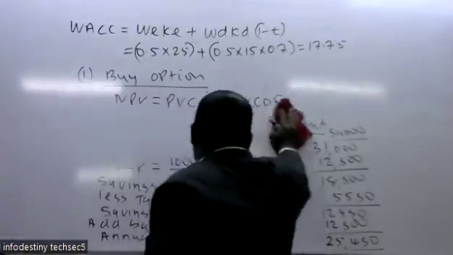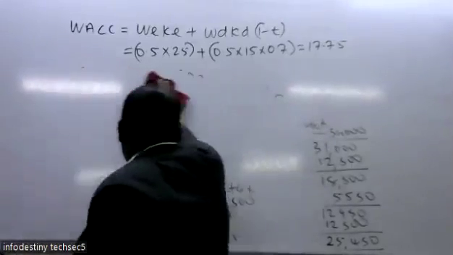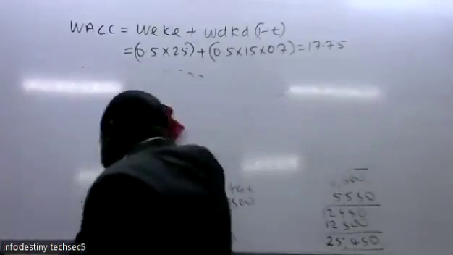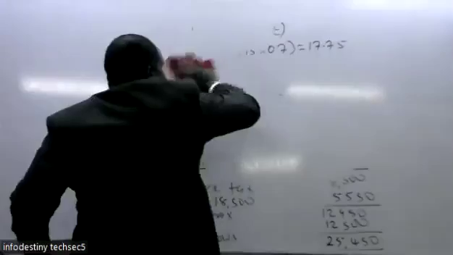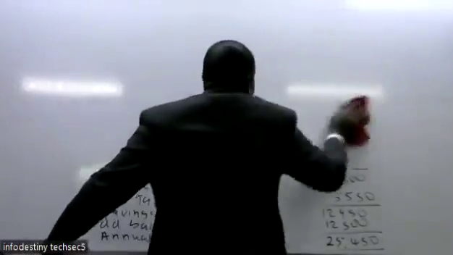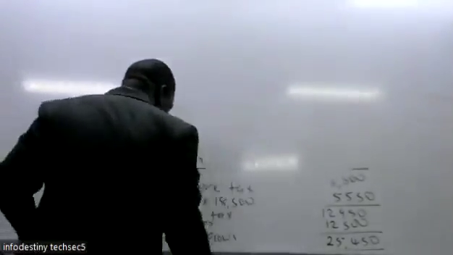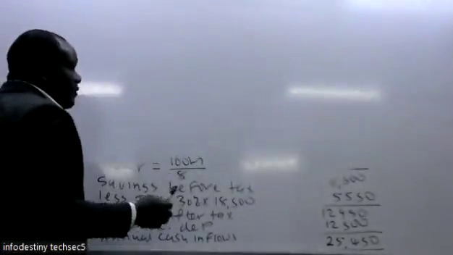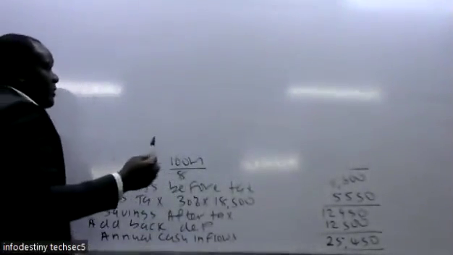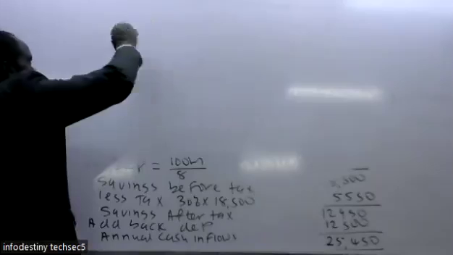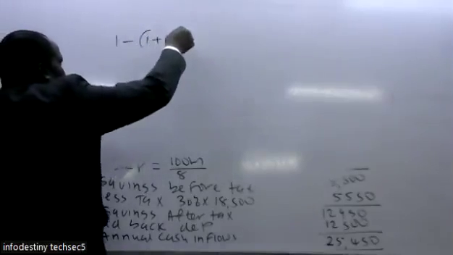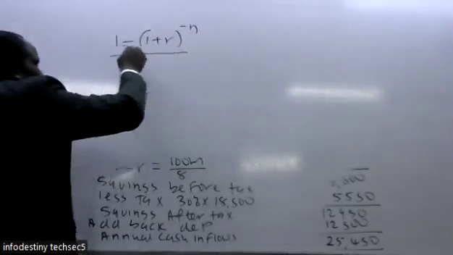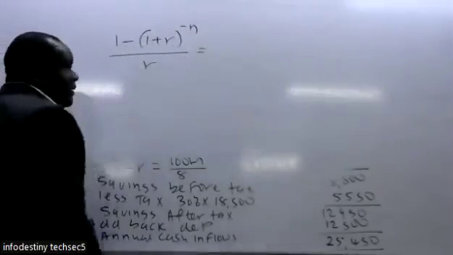You should also be able to compute that particular value. Whereby it should be 1 minus 1 plus r to the power of minus n, divided by r.